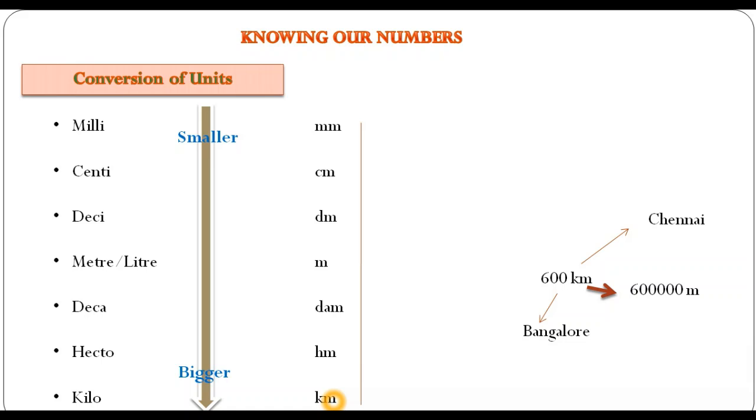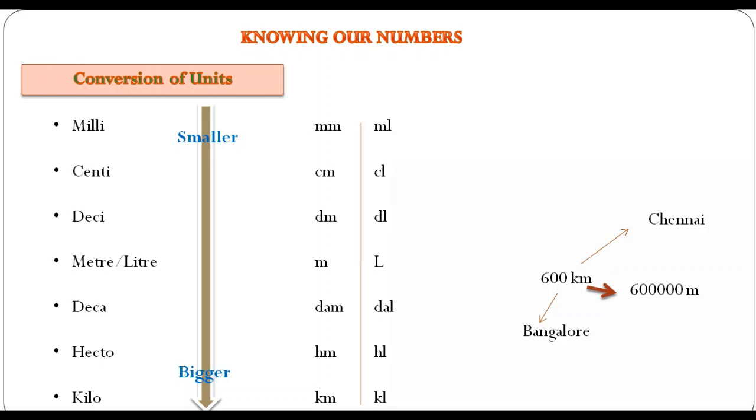Now let's say you are measuring volume, which is in liters. So in that case your meter becomes liter, and therefore this becomes milliliter, centiliter, deciliter, decaliter, hectoliter and kiloliters. Right? So similarly, when you measure weight, then you measure in terms of grams.